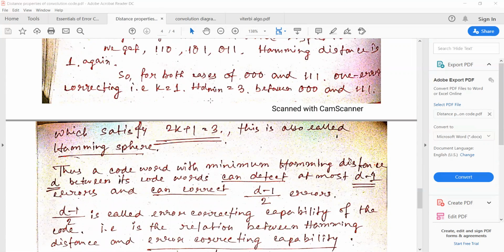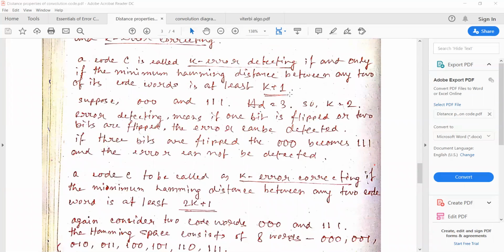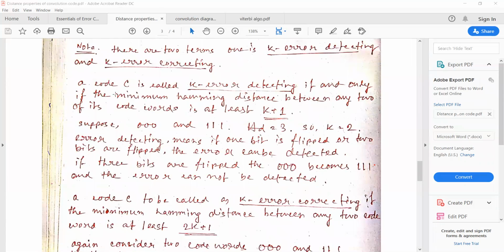And this k plus 1 is the relation between the minimum Hamming distance and the k error detecting code. That means k plus 1 will be the minimum Hamming distance, where k is the number of detected errors.